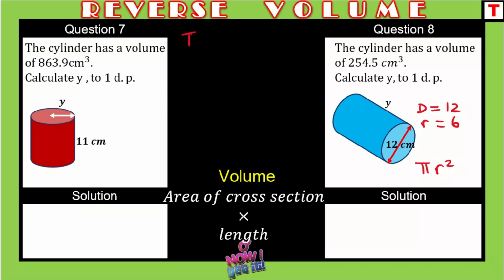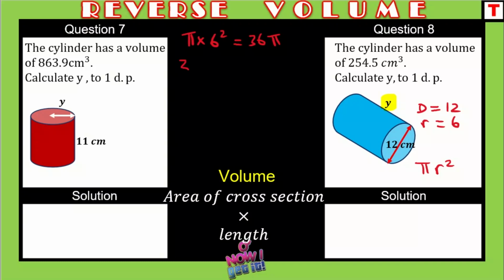Therefore, I'm going to start off with pi multiplied by r, and r is 6, and I'm going to be squaring that. So 6 squared would be 36. So this would be 36 pi. And this represents the area of the circle. So what we're going to do now is multiply the area by how long the shape actually is. And the shape is y centimeters long.